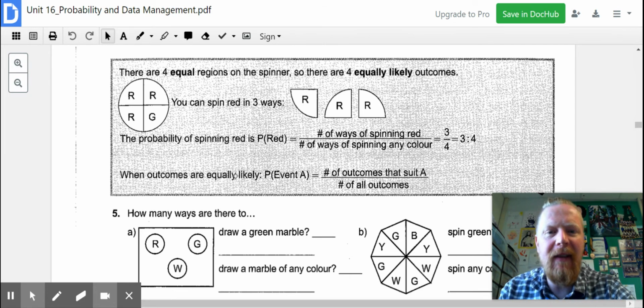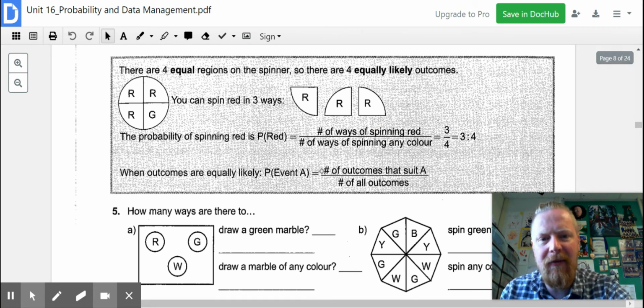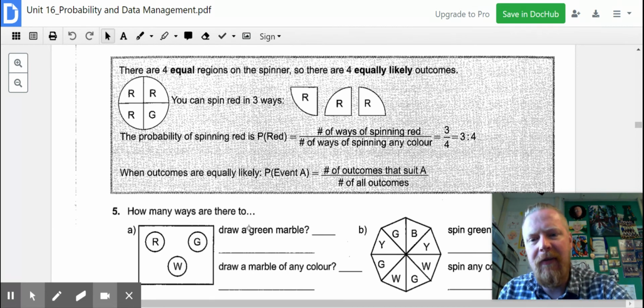So my probability of spinning red is 3 out of 4. The number of ways of spinning red is my 3. The number of ways of spinning any color is 4, because there's 4 outcomes. And if I want red, it's 3 out of 4 or 3 to 4. 3 out of 4 would be equal to, of course, 0.75.